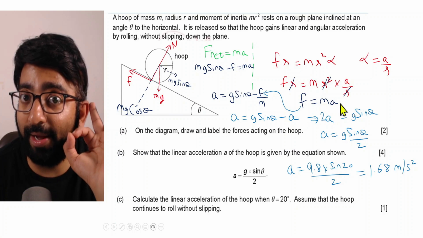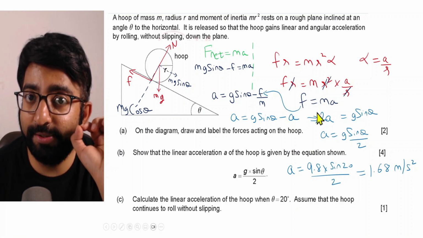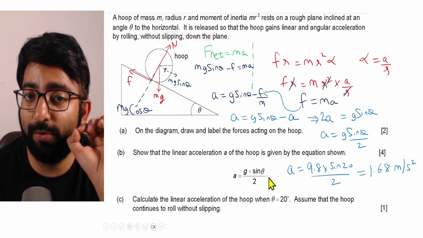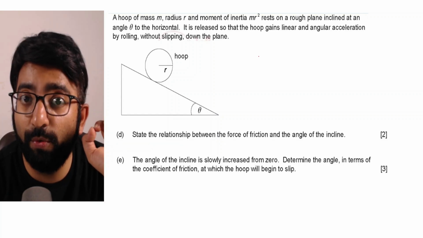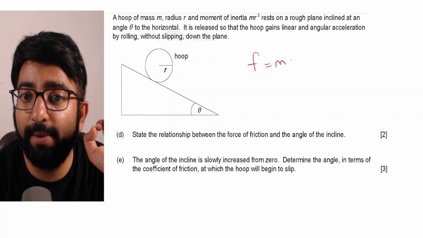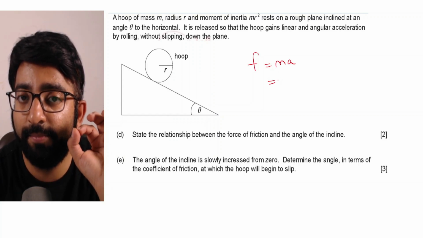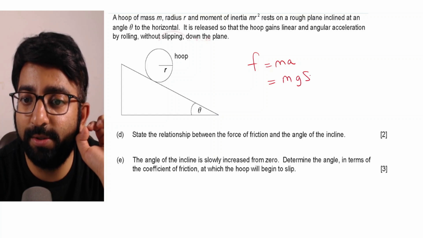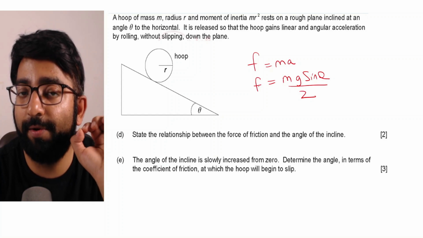And the expression for acceleration we had deduced to be g sin theta by 2. So friction will be equal to m into g sin theta divided by 2. And that is why for approach 2 for solving part D, we will use that expression F is equal to m into a, and we will put the acceleration expression which we had derived. So we will get m into g sin theta divided by 2. This is the exact value of friction.